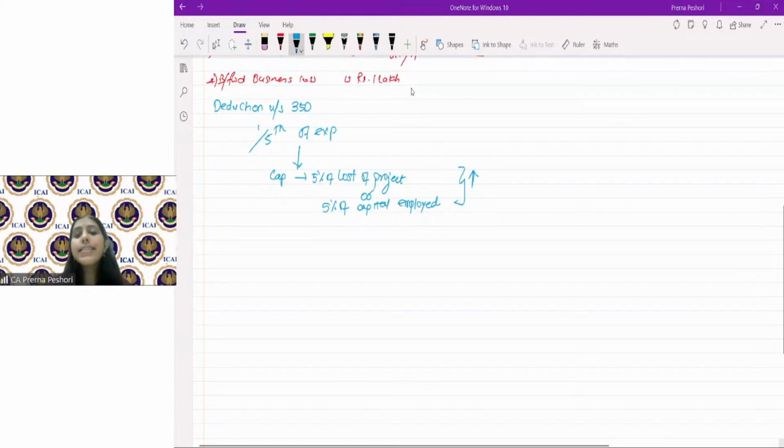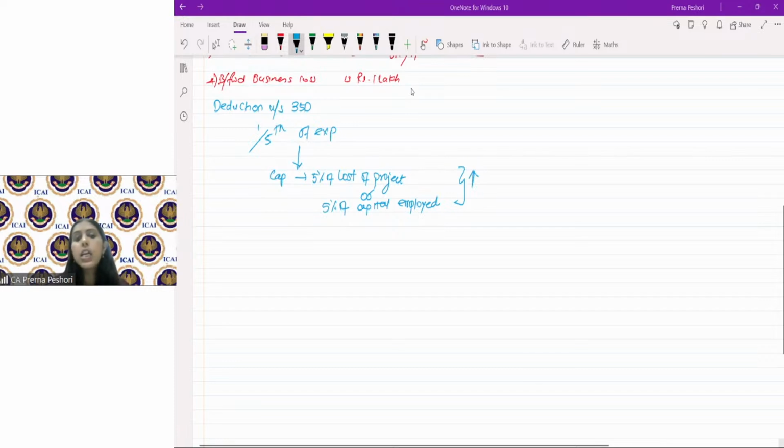Whichever is higher is allowed as the cap. This is the overall limit. Are we getting that? The excess will not be allowed as deduction, and whatever the amount comes, 1/5 of that will be allowed over a period of 5 years.